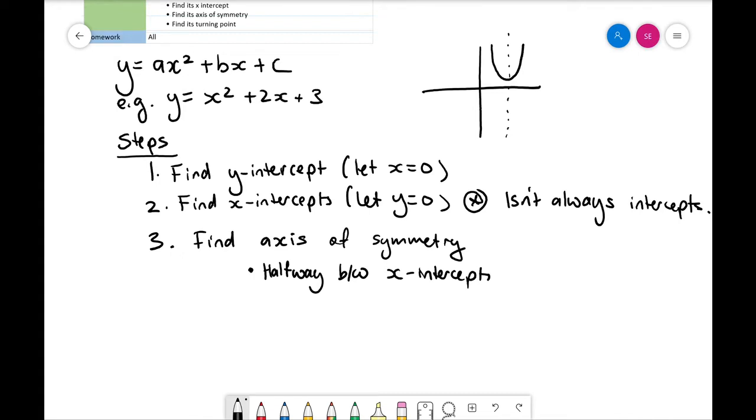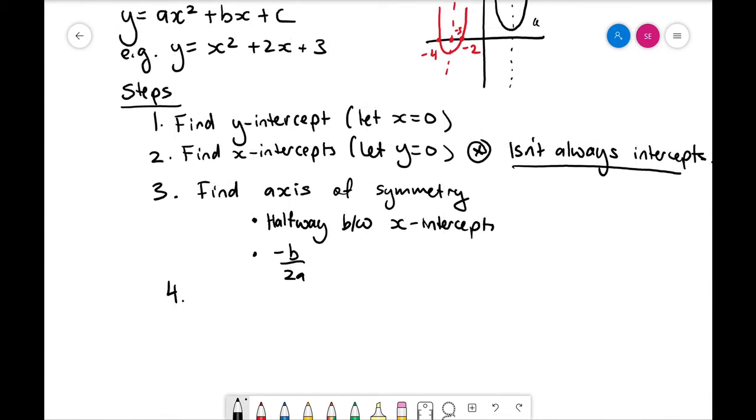But we can only do that if we do have x-intercepts, because we don't always have x-intercepts. So if we had a quadratic up here and it intercepted at -2 and -4, well, we know that the axis of symmetry will be at -3, because that's halfway between. But you can see up here, well, there's no x-intercepts. So you can't actually do that there. So the second way is just a formula, and it's just -b on 2a.